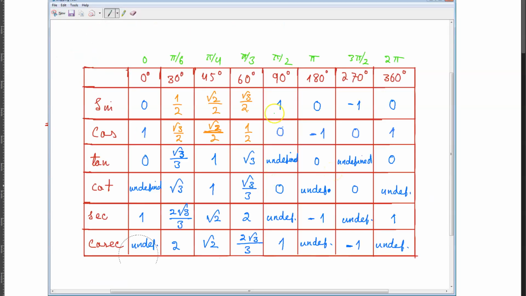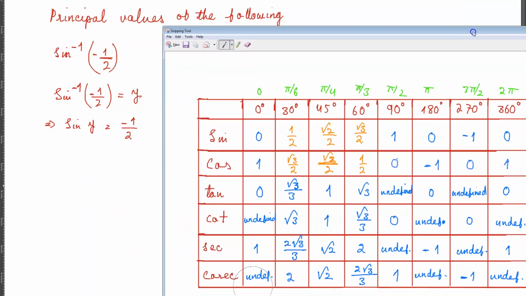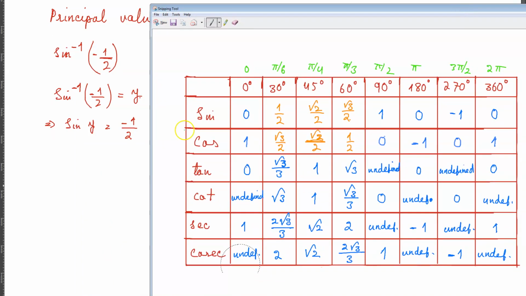What we found here in this table, for example, you can see that you need to know the sine of what angle is some number that has the same absolute value as this ratio. So the absolute value of this ratio is 1/2, right?